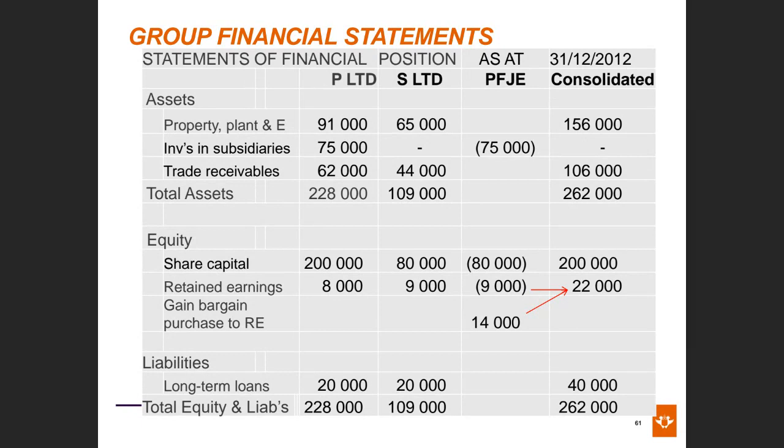This might confuse you, but I told you that the gain is going to be recorded in your net profit. So your net profit will increase by 14,000 Rand for the year ended 31 December 2012, in the consolidated statement of profit or loss and other comprehensive income.